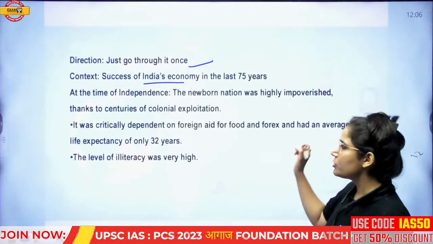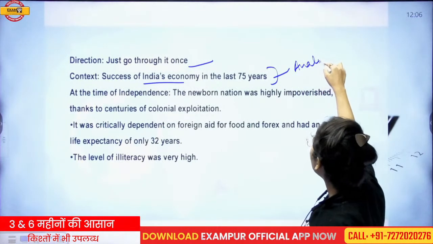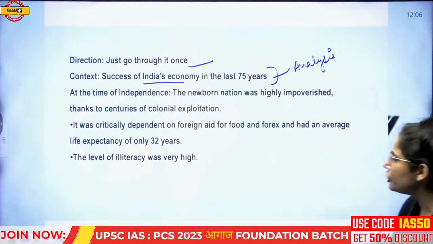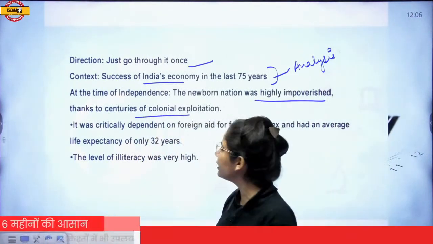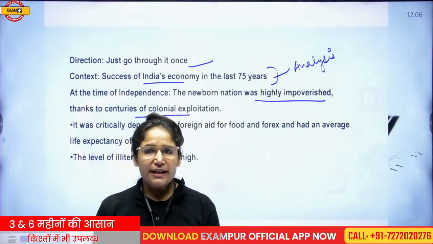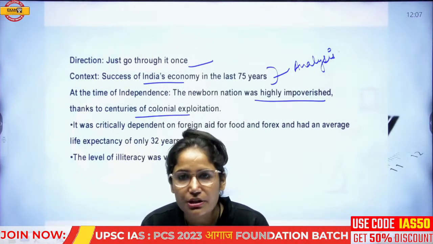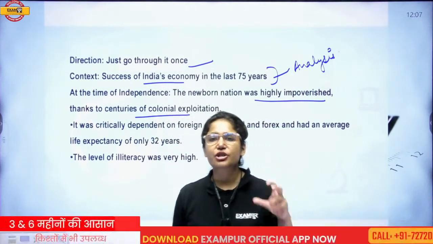The context is that you just have to give a glance at the analysis of what we have achieved in 75 years. At the time of independence, the newborn nation was highly impoverished, thanks to a century of colonial exploitation. It means we faced a condition of destruction.